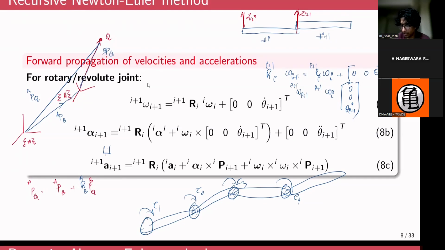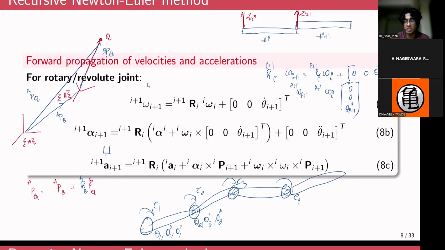If I represent the joint variable as theta 1 for the first joint, depending on how you want the robot to move, you can also compute the velocities theta 1 dot and theta 1 double dot. The rotary displacement, angular velocity and acceleration of this joint. And similarly, joint 2 will also have its own displacement, theta 2 dot, and theta 2 double dot, right? We know the positions, velocities, and accelerations of each of these individual joints.